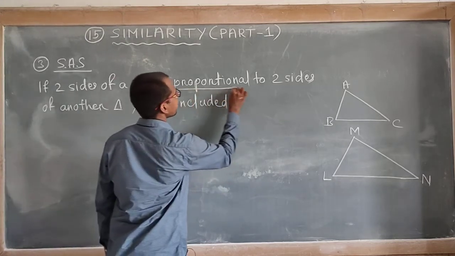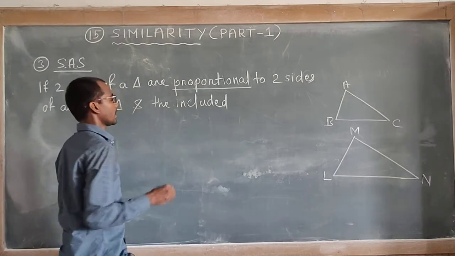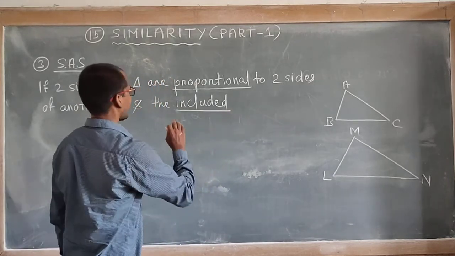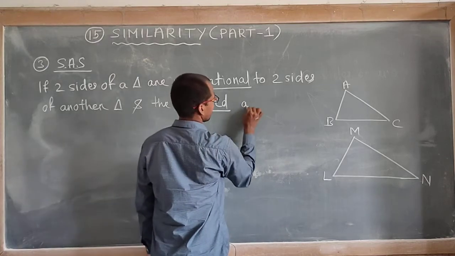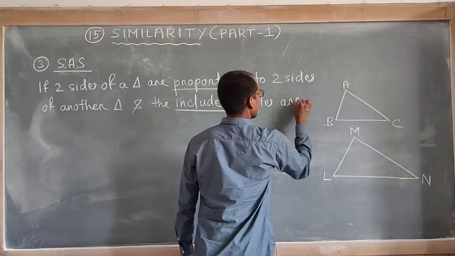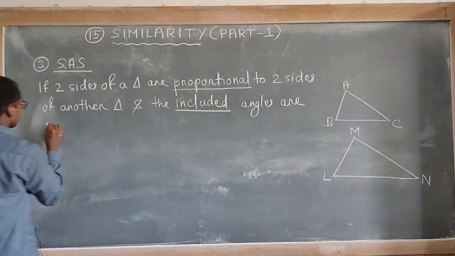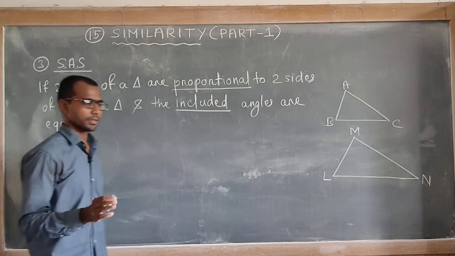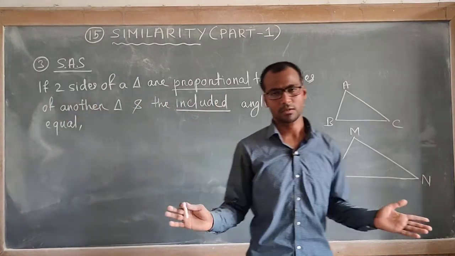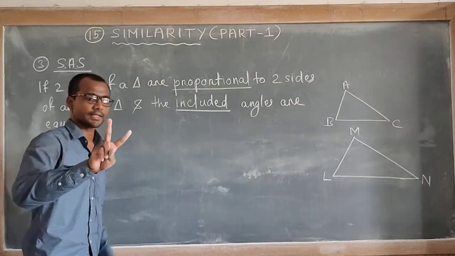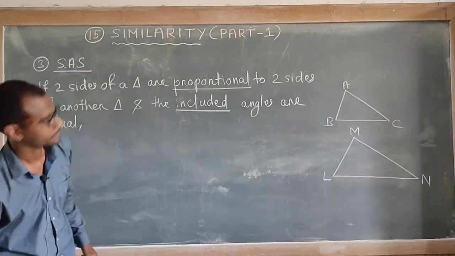Do not forget to mention the word proportional, and do not forget to mention the word included, okay, and the included angles are equal, then the two triangles are similar. Okay. So this is the last postulate, SAS, two sides and included angle.